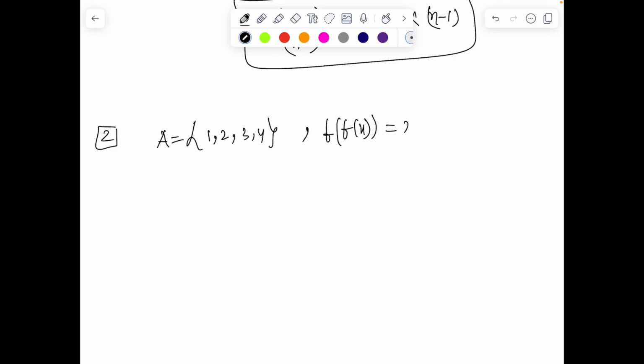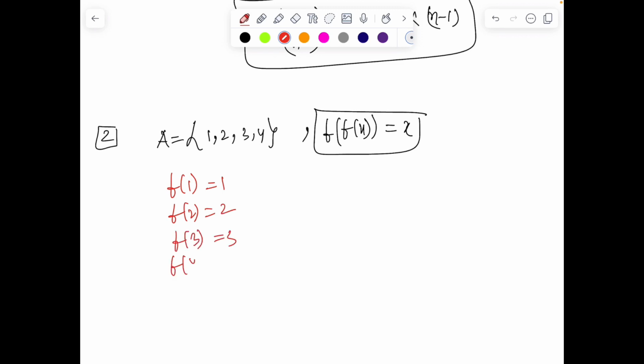We have to find the number of functions f so that f of f of x is x. Now clearly one of the wrong answers that we'll get is just 4 functions, because some of you might think, let's say f of 1 is 1, f of 2 is 2, f of 3 is 3, and f of 4 is 4.